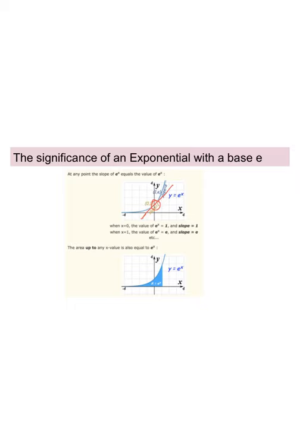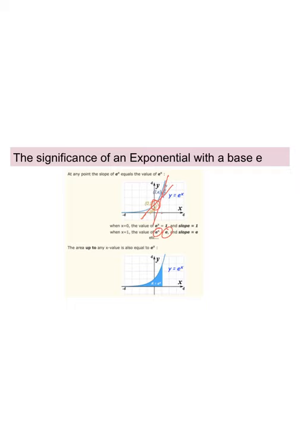When x equals 1, so out here, if we looked at the slope of this tangent when x equals 1, it has a gradient of e. So if we substitute x equals 1 into our function, we'll notice that it has a gradient of e.